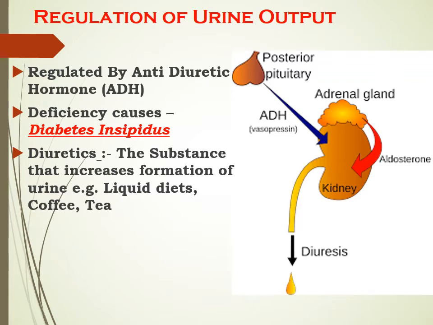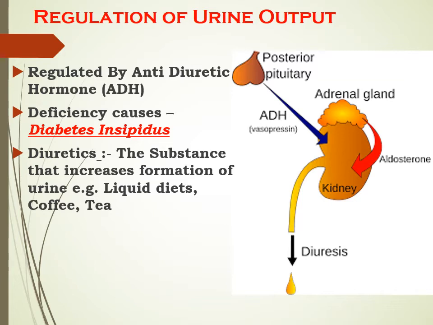Therefore a person who consumes these substances will use the washroom more frequently, because less secretion of ADH will result in loss of more water through urine, the person will become thirsty, and the cycle goes on.